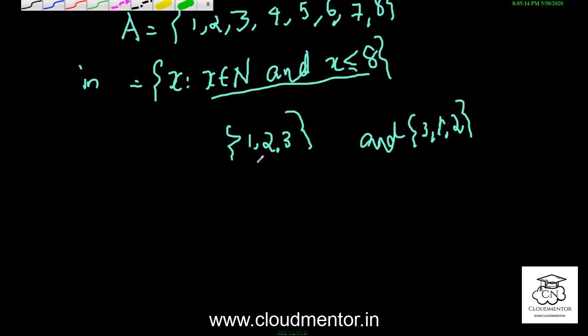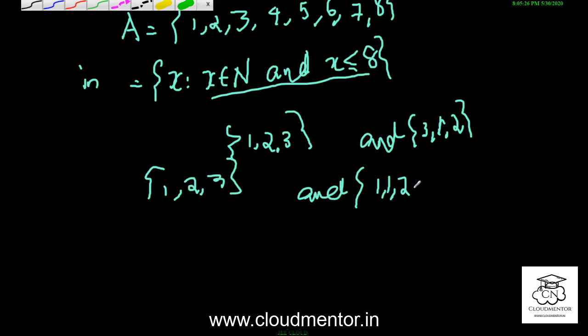And the repetition of elements in a set does not affect the set. For example, the set 1, 2, 3 and the set 1, 1, 2, 3 are both the same set. So we have used here a capital letter for representing the set of natural numbers.